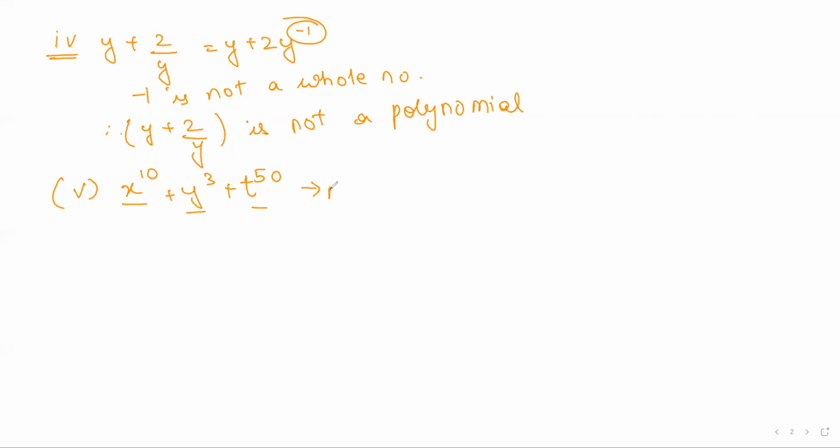Your answer will be no. It is not a polynomial in single variable. The justification would be the first term has variable x, second term has variable y, and third term has variable t.